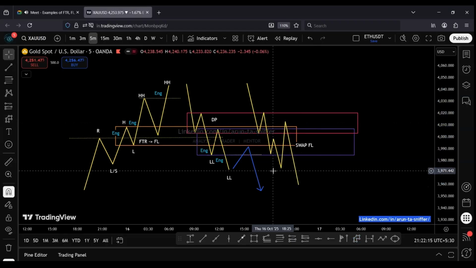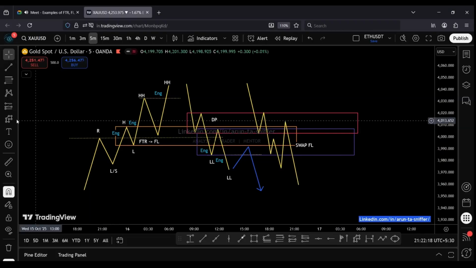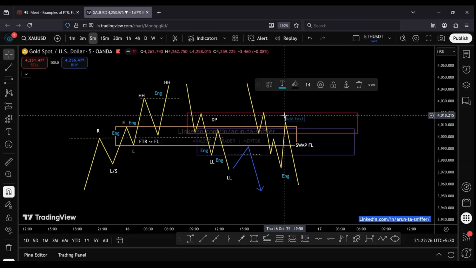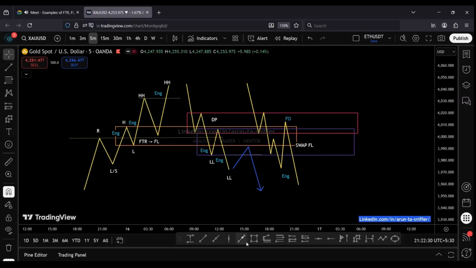This side was engulf and this side was fake out. Call this engulf, and then we call this fake out. Why fake out? This RS zone, at this RS.